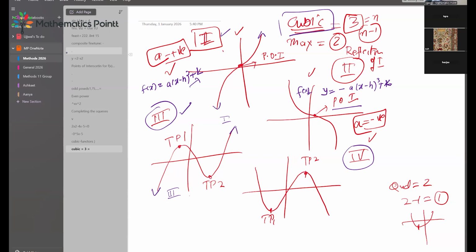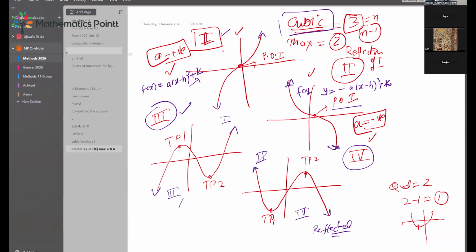So whenever you see the arms of your cubic in the first and third quadrant, it is a non-reflected cubic. Whereas when you see the arms of your cubic in the second and the fourth quadrant, here and here, in 2 and 4, this is a reflected cubic. This is a reflection.